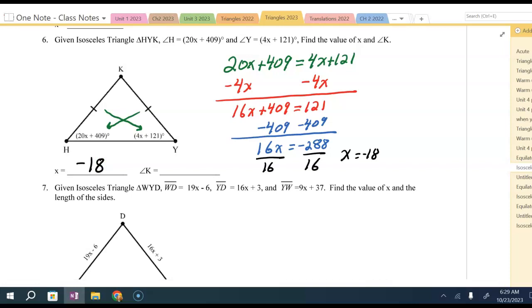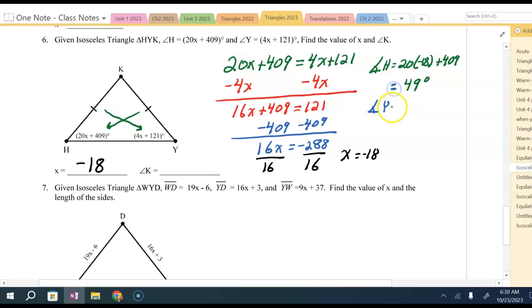Now to find angle K, I need to plug in negative 18 for x. So angle H is 20 times negative 18 plus 409. So 20 times negative 18 plus 409 on my calculator gives me 49 degrees. Angle Y is 4 times negative 18 plus 121.